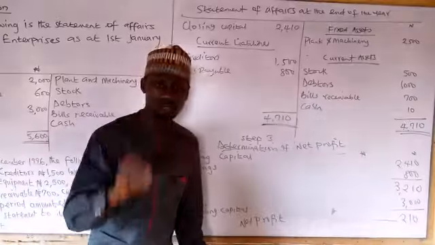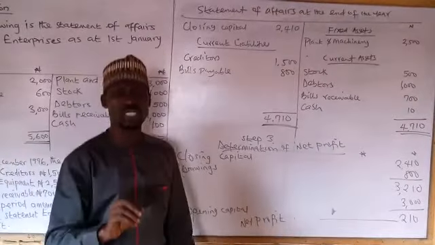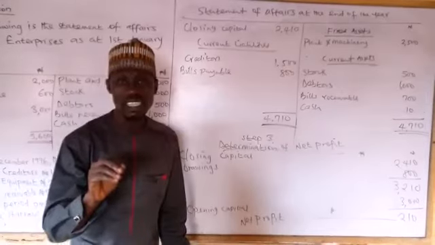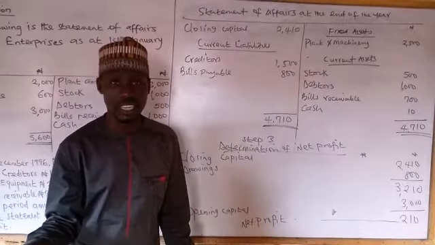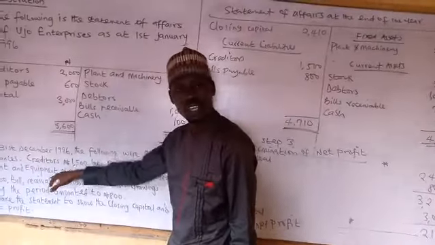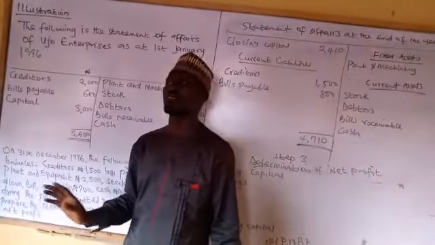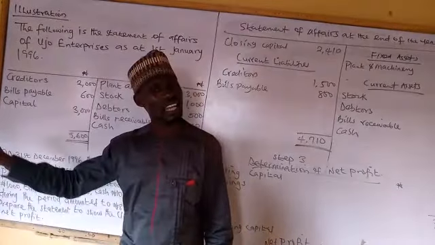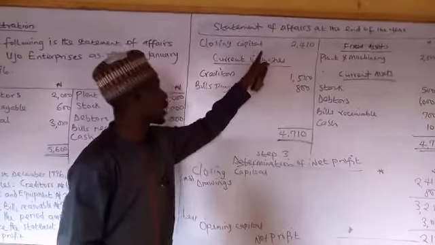Then use the closing information given at the end of the year, the closing assets, which may have been depreciated, and the liabilities, to determine your closing capital.